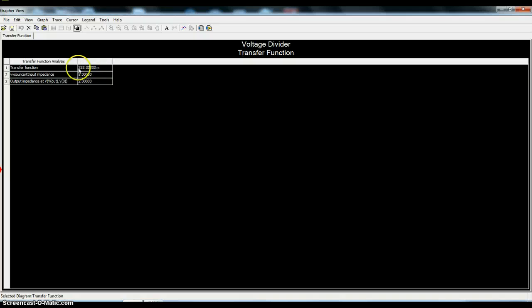So for a given input, you would have to multiply that number times the source voltage, in which case you would get 1/3 times 18, or 6 volts. So you can readily determine a Thevenin equivalent circuit this way. So that concludes this particular example.